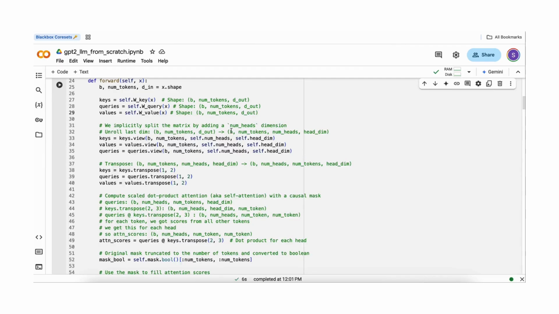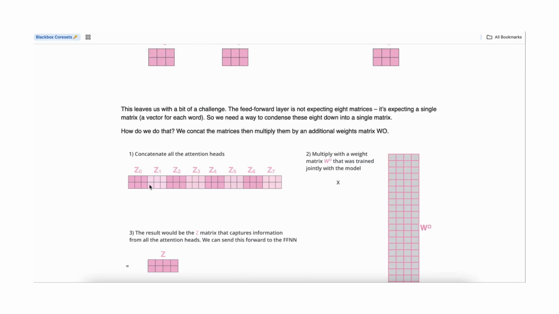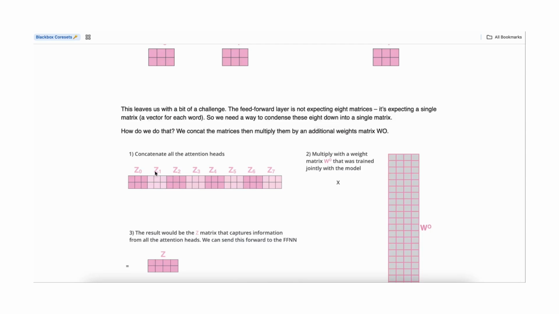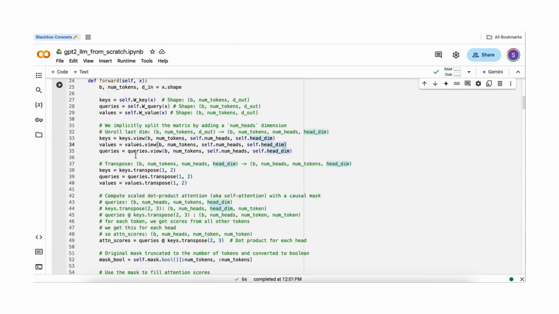So we keep batch, number of tokens, and then number of heads, which would be 8 in this illustration, and then head dimension is 3. So we split 24 into 8 and 3, and that is how we reshape this vector. That allows us to work on each of these heads separately, and then we concatenate the values that we get from each of these heads. And we do this to keys, queries, and values.